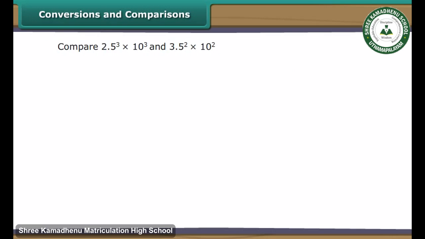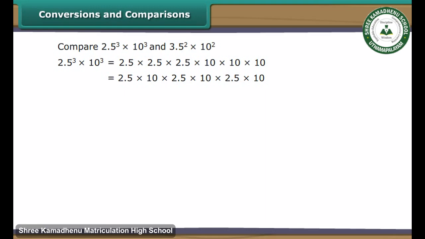Let us perform one more comparison between 2.5 raised to the power 3 into 10 raised to the power 3 and 3.5 raised to the power 2 into 10 square. 2.5 raised to the power 3 into 10 raised to the power 3 is equal to 2.5 into 2.5 into 2.5 into 10 into 10 into 10, which is equal to 2.5 into 10 into 2.5 into 10 into 2.5 into 10.